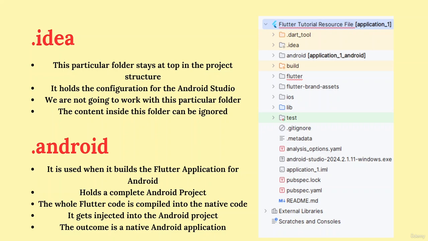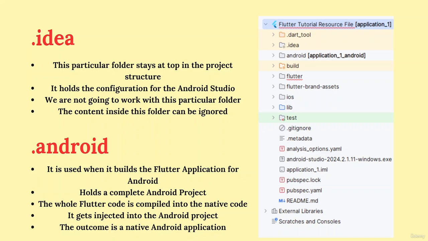The .android folder is used when Flutter builds the application for Android. Over here, we are building a mobile application for Android and for iOS. This .android folder is used when it builds the Flutter application for an Android device. It is only activated when it actually builds a Flutter application for Android.